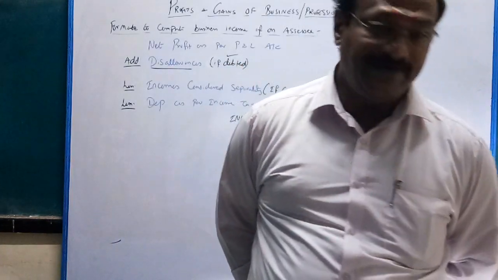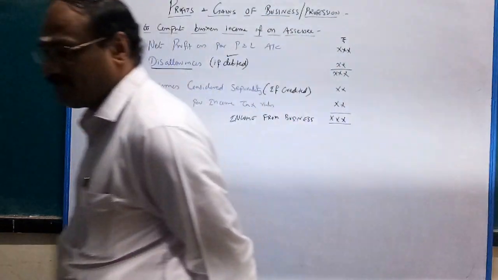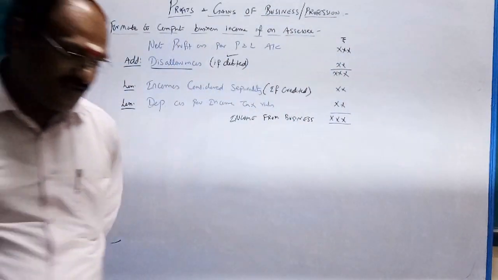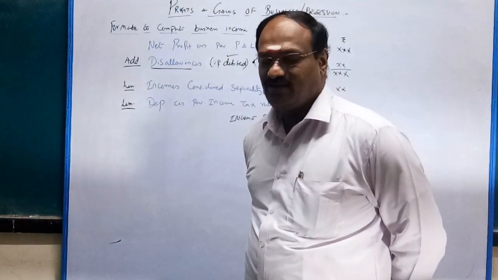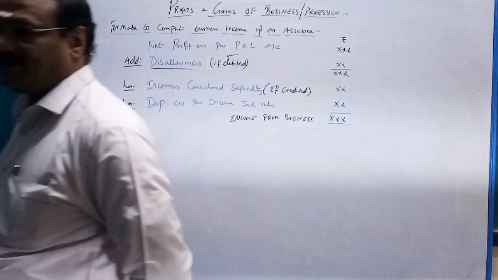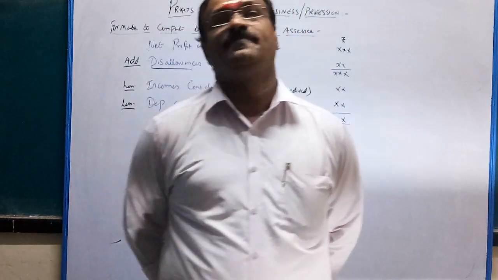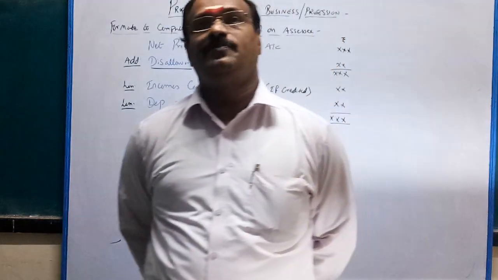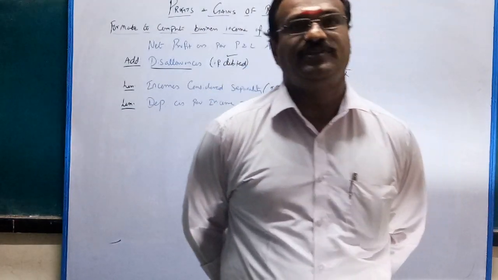Then expenditure on CSR activity. CSR is corporate social responsibility, under Section 135 of the Companies Act, which is very important. Each and every company has to do something for society, as per Section 135.